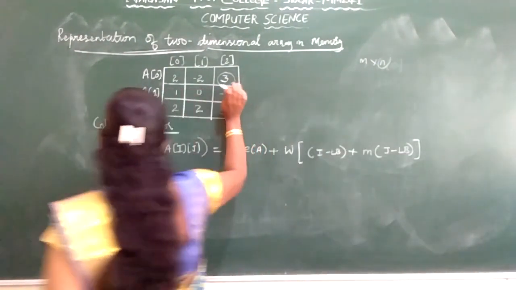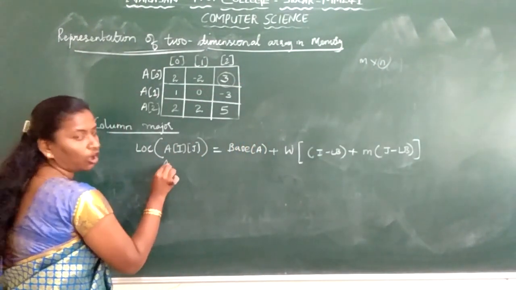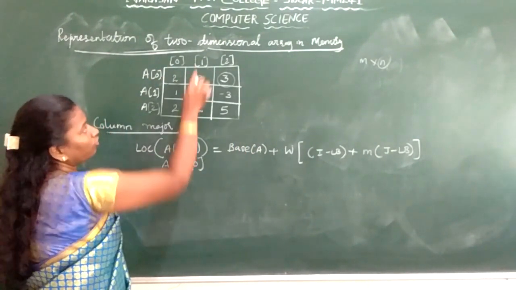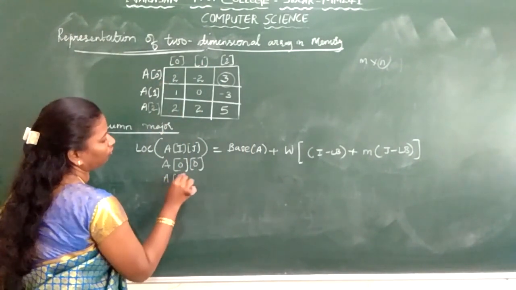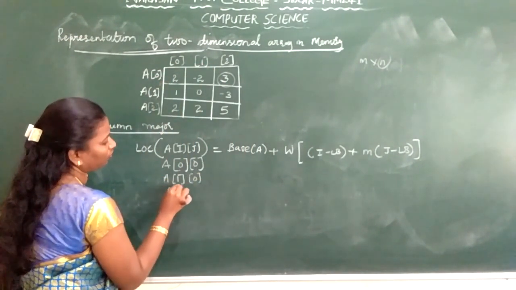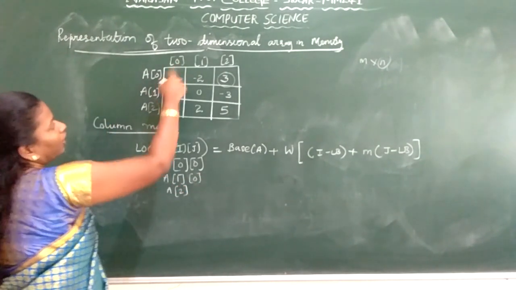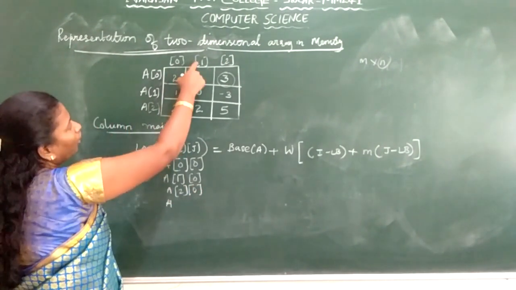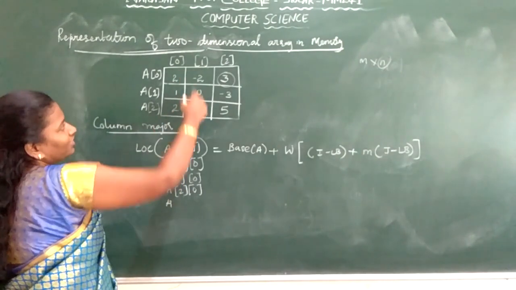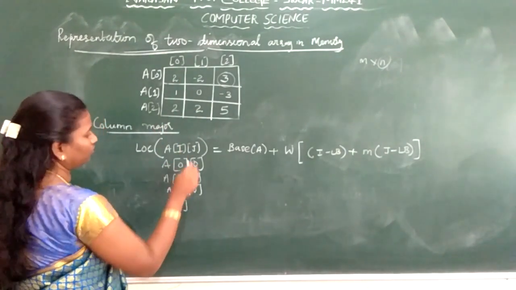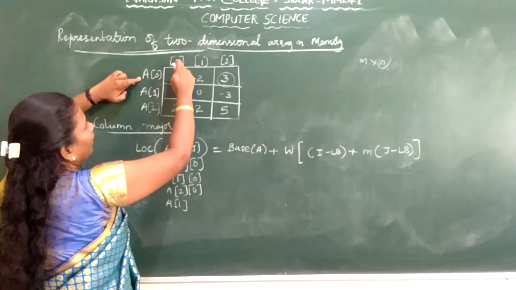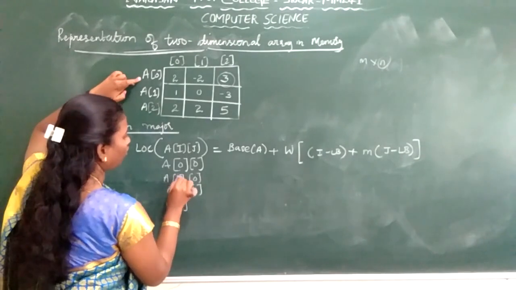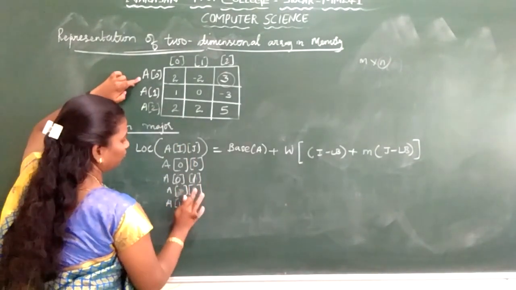Now I'll show how to represent the two-dimensional array by using the column major. A of 0, 0, A of 1, 0, A of 2, 0. First I have taken this column; next it will be the next column: A of 0, 1, A of 1, 1, A of 2, 1.